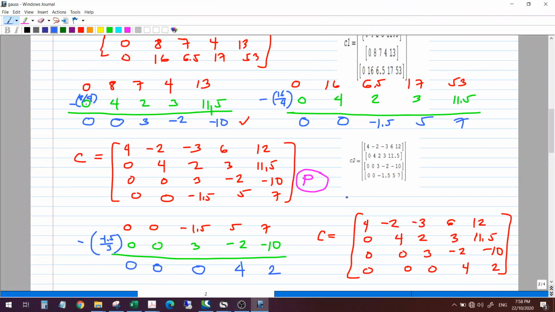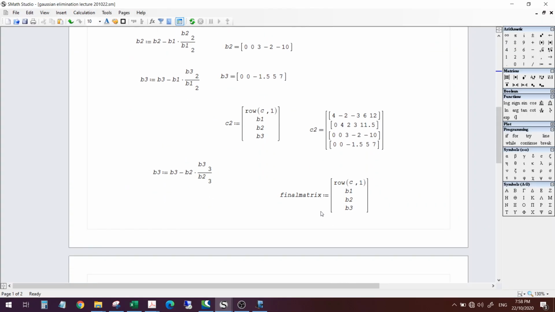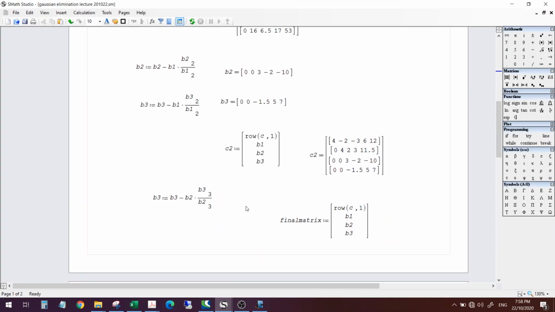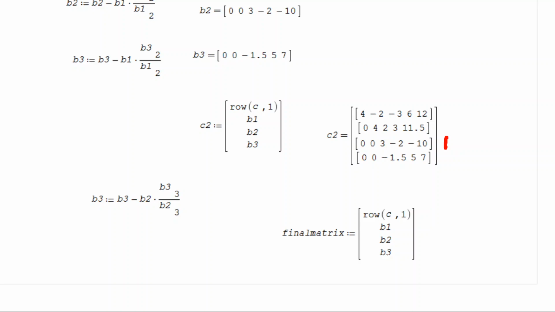Then finally, for the last transformation of C2, our pivot equation in this stage is now this, right? Now this coefficient is actually negative 1.5 over 3, which is this one in our manual calculation. So I now denote that as the final matrix.